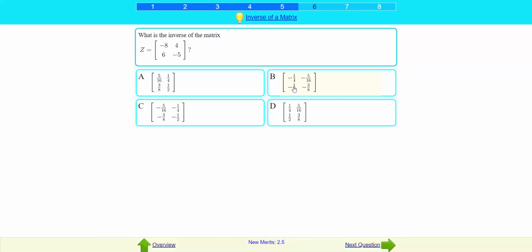Now 40, 24, 8, 18, oh sorry, 16. The remainder would be 16. Go for C.